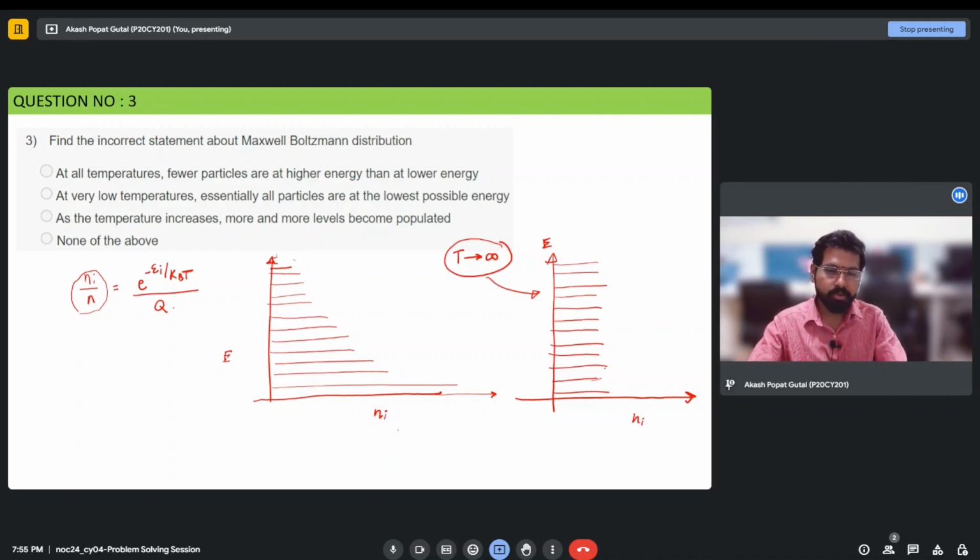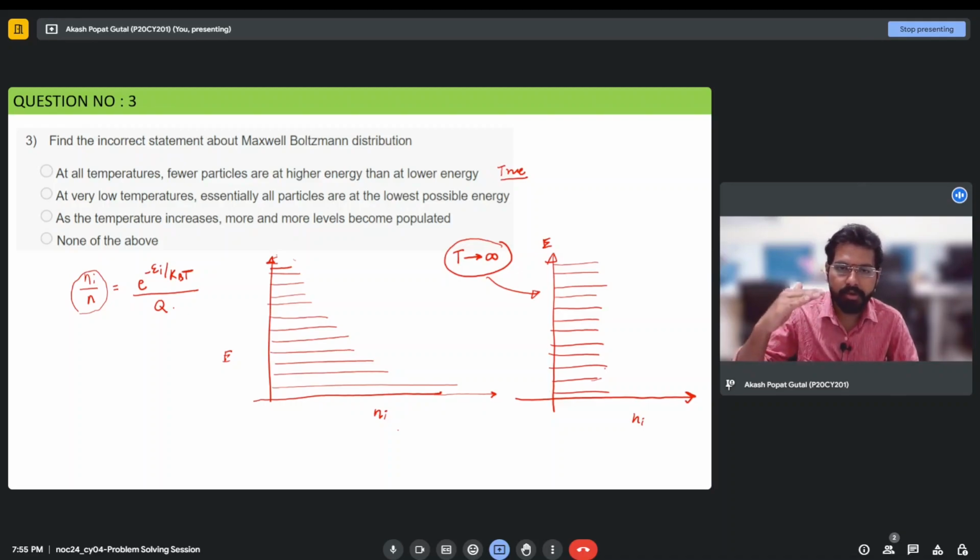It's valid for the Maxwell-Boltzmann distribution. So this is a true statement. It's always there because at all temperatures, even at infinity, when T goes to infinity, all energy levels are equally filled, meaning equal probability for all energy levels.